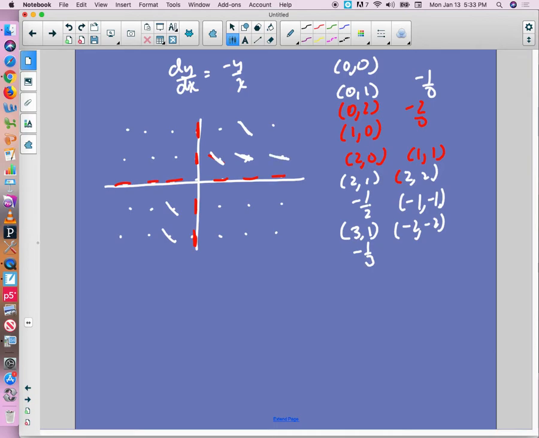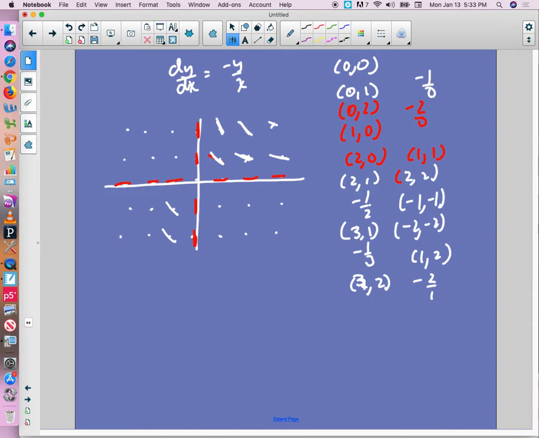I missed this one right here, so (1, 2) would give me negative 2 over 1, so this is pretty steep. At (2, 2), I guess I haven't done that one. Oh, (3, 2).